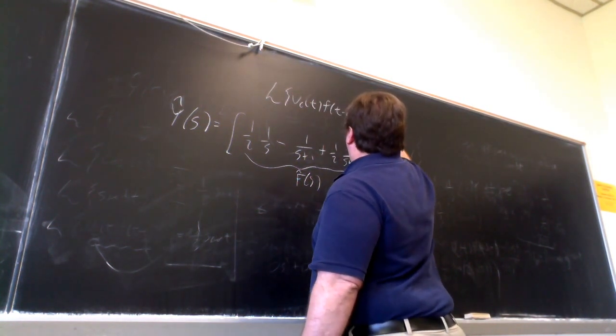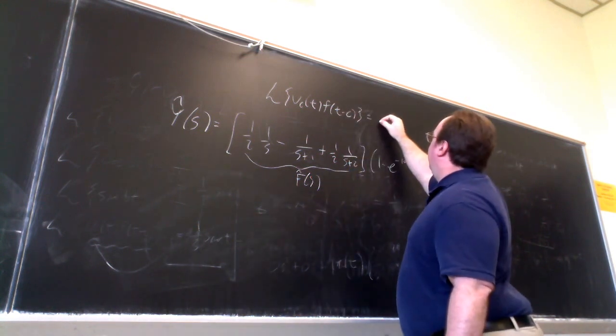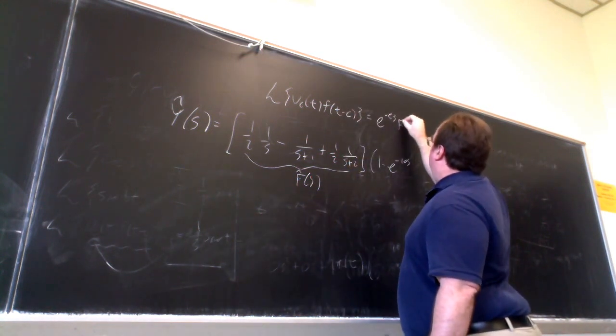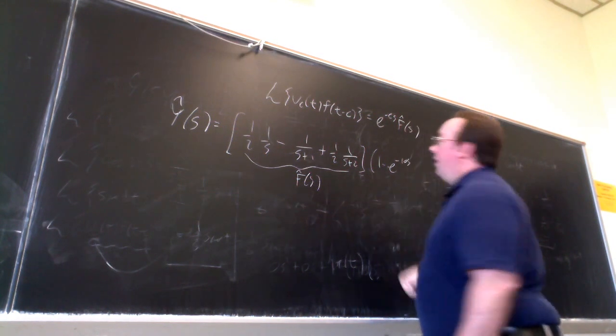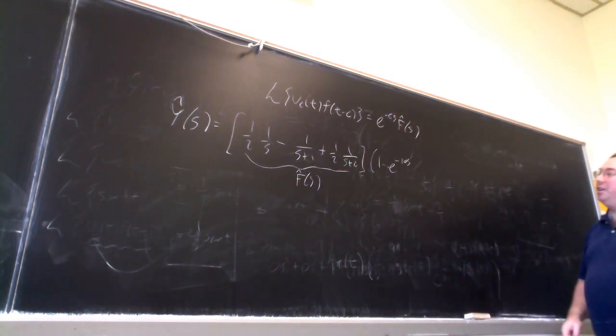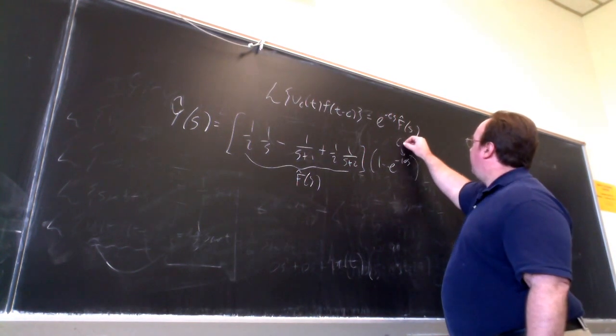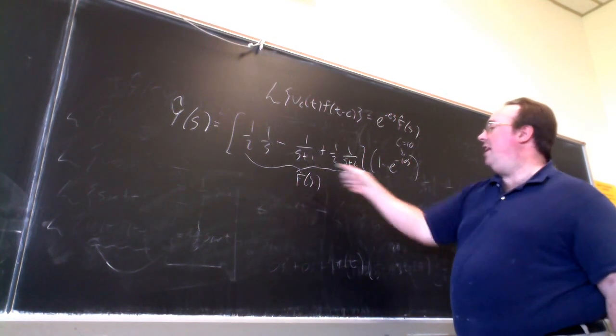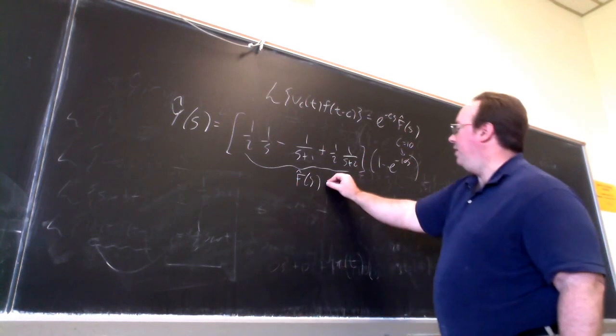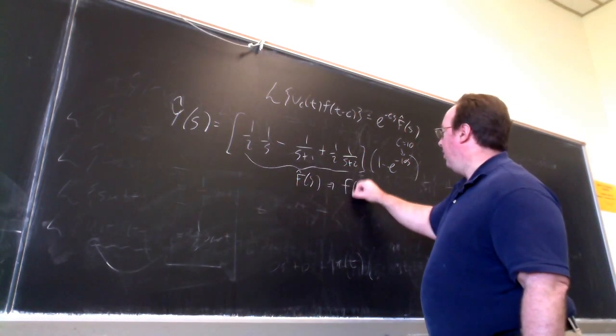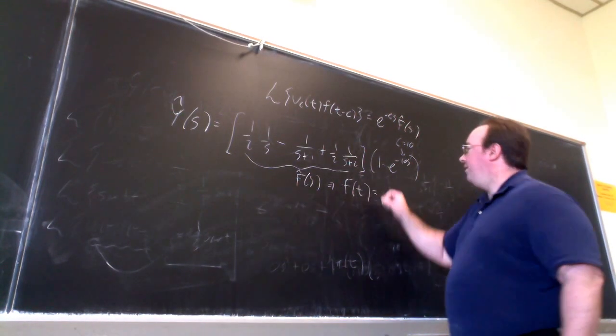You need to have this rule in particular burned into your brain, even though it will be on the sheet. Since you're going to need to apply that momentarily, we know that in this case, c is equal to 10. This is your f hat of s. So now you need to invert that to get your f of t.